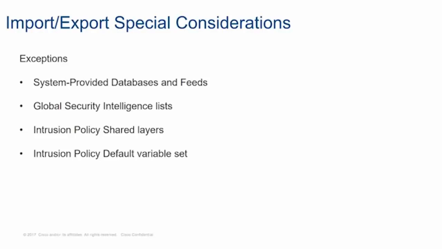But when you import this configuration, the device is going to import all these changes, but it's not going to change anything that already exists. For example, if there are other custom variable sets configured on the target system, it's not going to do anything to change what exists on that system.